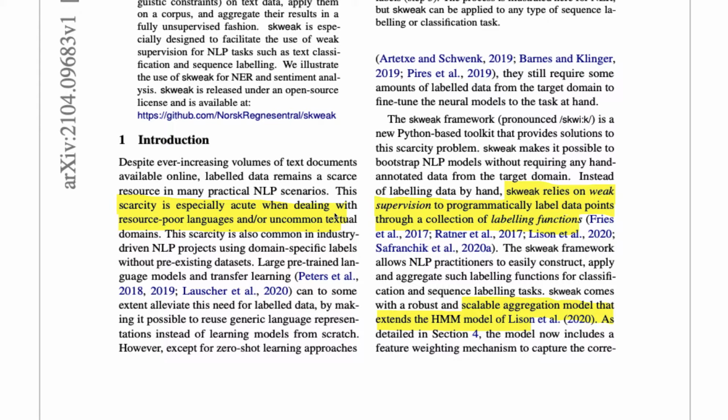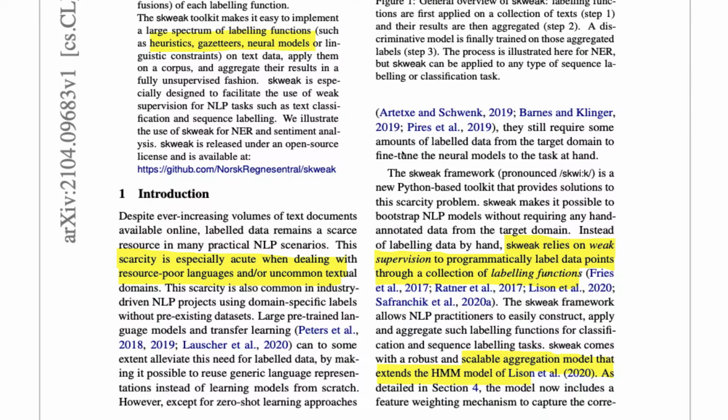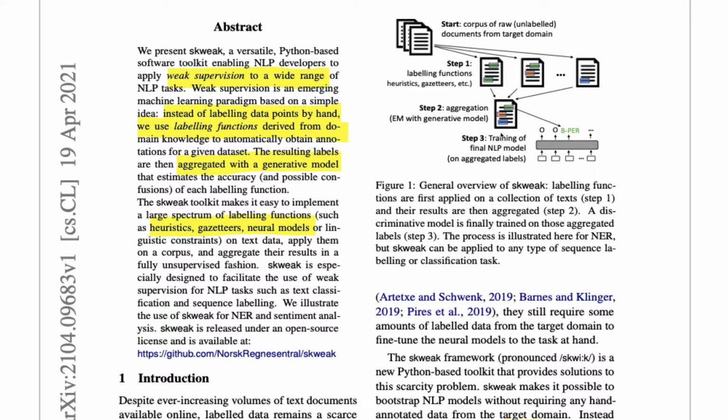So what can you do to generate more training examples in these scenarios, and what kind of techniques can you use to do that? skweak relies on the technique of weak supervision, which tries to generate a set of programmatically generated labeled datasets, which can then be combined with a generative model so that you can generate the final labeled dataset for your end application.